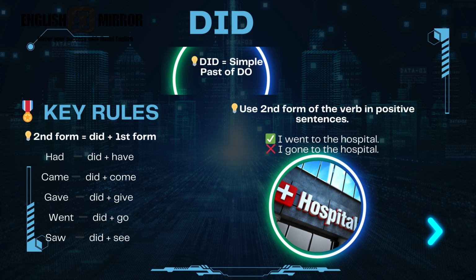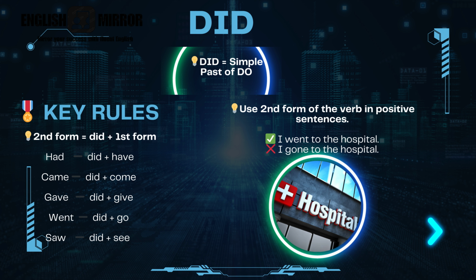That is the second form. While we are using the second form, did, we have to note certain points. Did plus first form is used in a sentence. If we are using did, we have to make sure that we use the first form of the verb after did: did plus verb's first form, did plus V1.